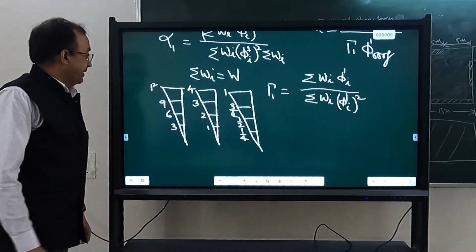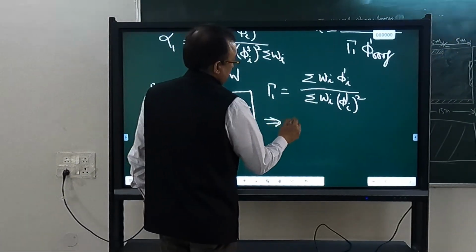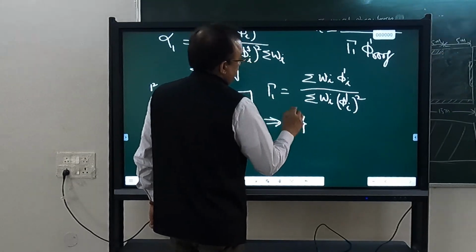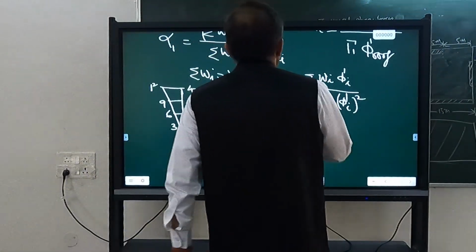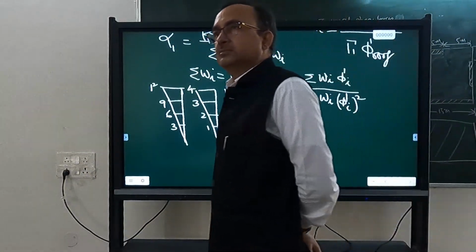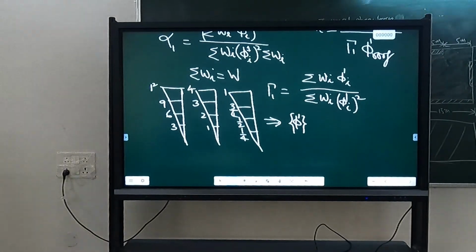All three are phi 1. You agree? All are representing the same first mode motion. Will gamma 1 be the same? Do it. Assume the Wi to be the same W. Calculate gamma 1 in these three cases.